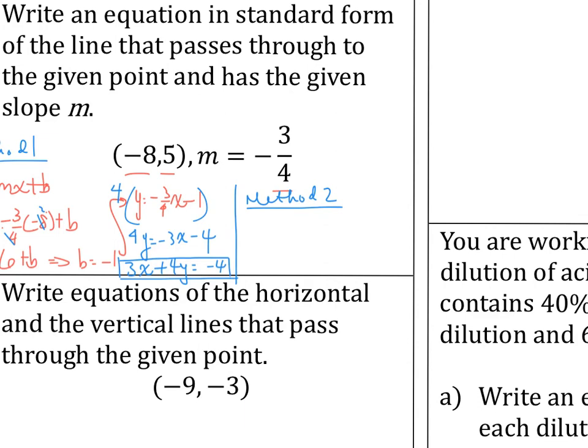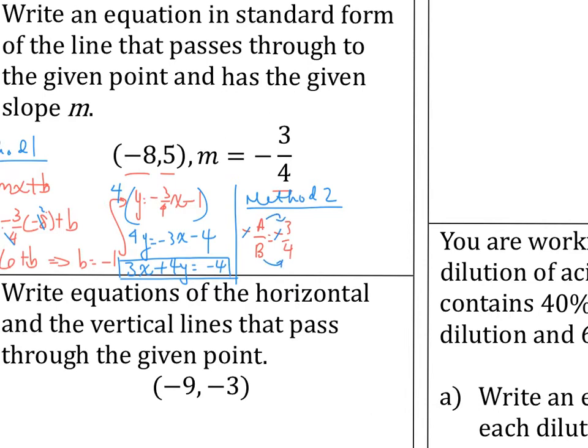So I can set negative a over b equal to negative 3/4. And I can cancel out the negative sign. And I know a will refer to 3 and b will be 4.